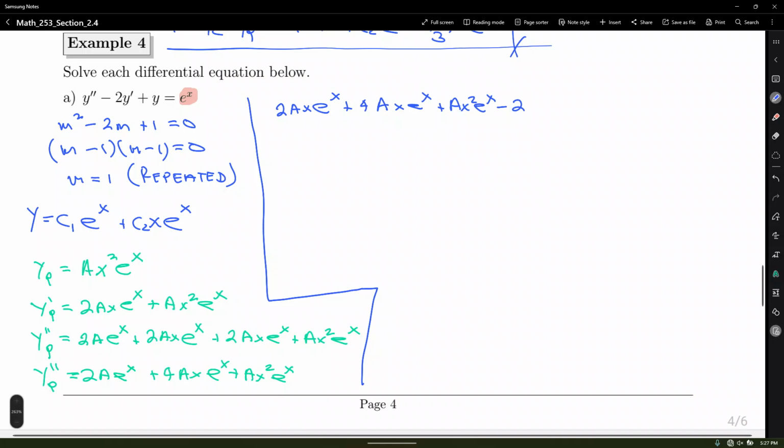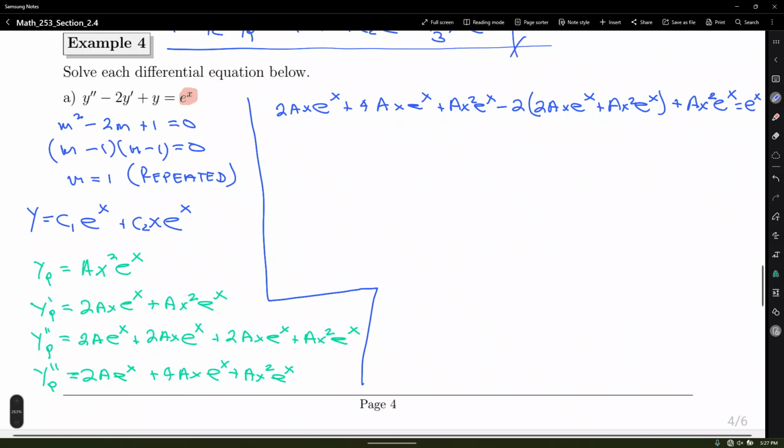This minus 2 will affect the entire first derivative, which is 2ax e to the x plus ax squared e to the x, plus y, which is ax squared e to the x, and that equals e to the x. Barely have enough space to fit all of it.